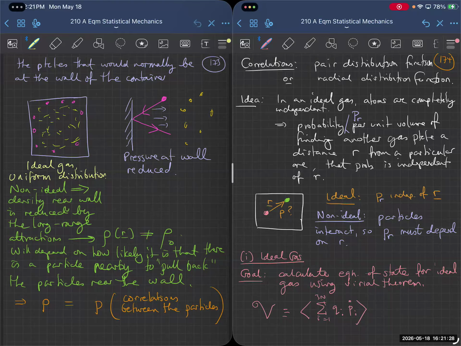And we know that Newton's second law says that p_i dot is equal to the component of the force. So therefore I can write this as the sum from i equals 1 to 3N of q_i F_i.